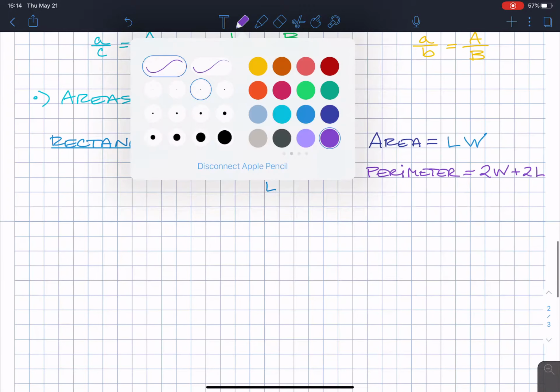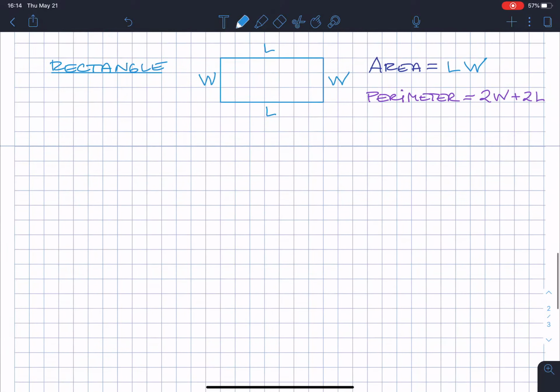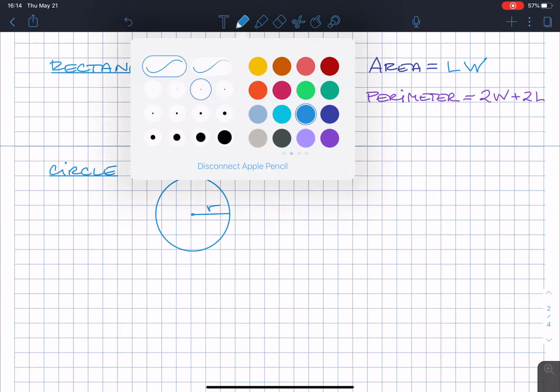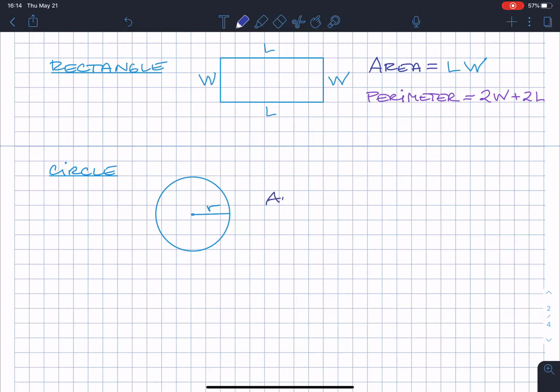Okay, so now let's look at a circle and do the same thing. So a circle, we're going to look at the area and the perimeter. Let me go ahead and try and draw a nice circle if I can. It'll autocorrect. Okay, good enough. Okay, so a circle with a radius of R. Okay, so the area of a circle is going to be pi times radius squared, so pi r squared.